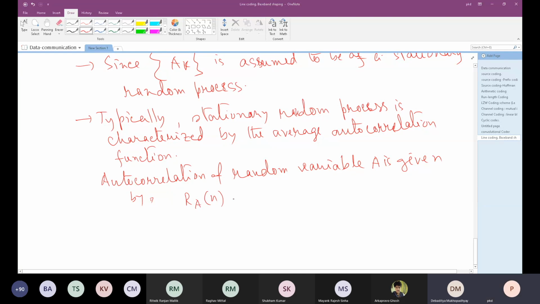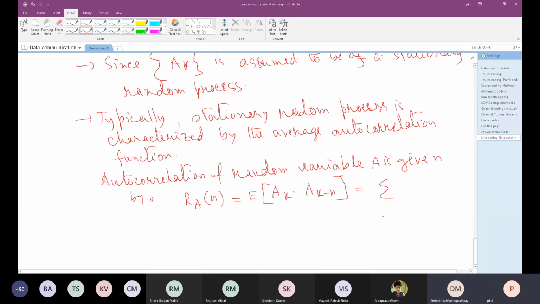So it will be R_A(n), where n is the sample number, is the expectation of a_k dot a_(k minus n). If we assume that this discrete random variable is a real one, phase is not involved, so it simply becomes the multiplication of the shifted occurrences.